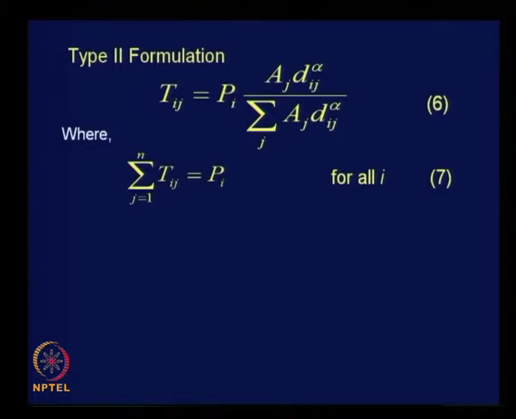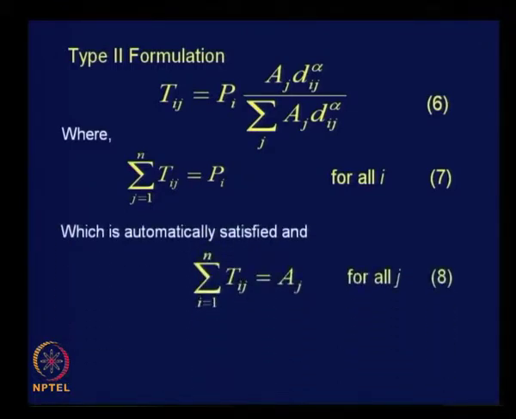power alpha, and the constraint which is taken care of in the model, sigma j equal to 1 to n Tij equal to Pi, is inbuilt into the model and automatically satisfied. The other constraint has to be satisfied during the distribution process: sigma i equal to 1 to n Tij to be equal to Aj, isn't it.